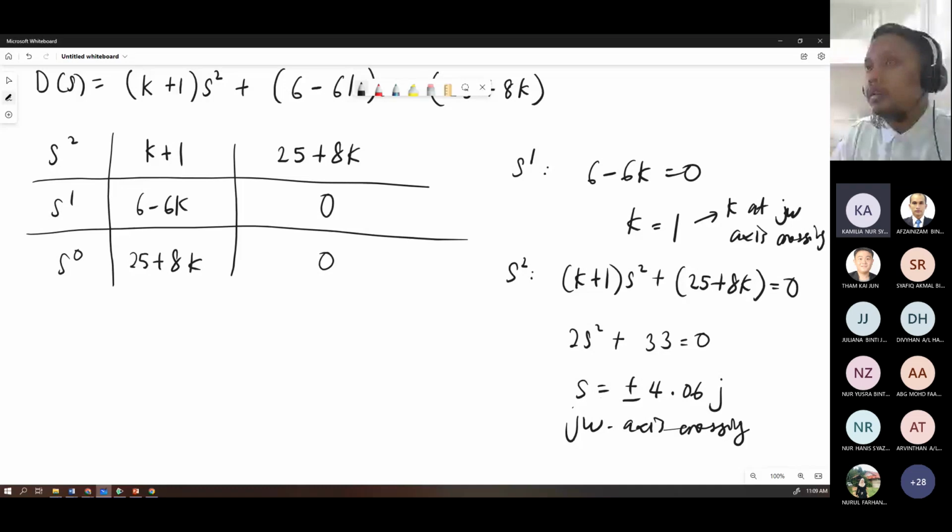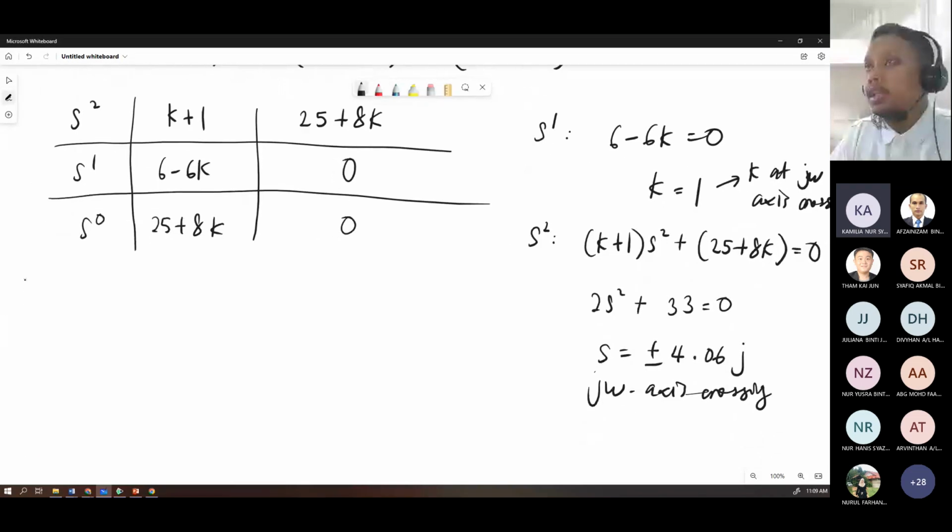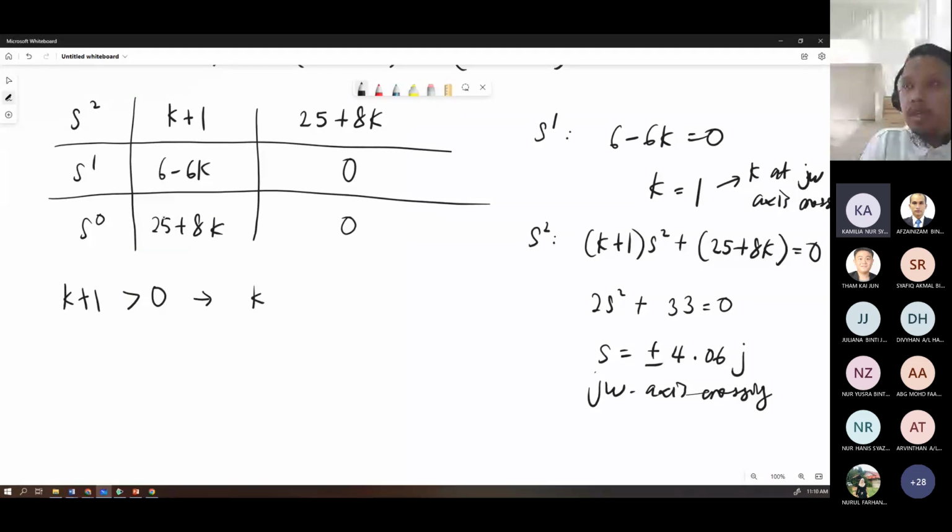And then you can find the range of k for stability by looking at the first column and making sure they are positive. So k plus 1 is bigger than 0. You end up with k bigger than minus 1. And then second row, so k less than 1.